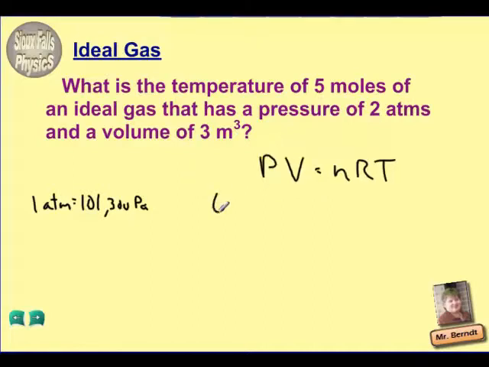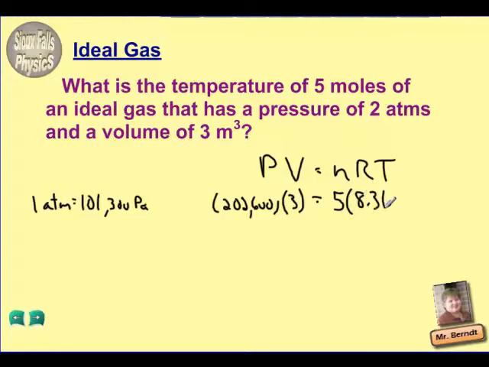Knowing that, we can just go ahead and start plugging in that problem. So we've got 202,600 pascals. We've got a volume of 3 meters cubed equals N, which is 5. Now we have to choose which R we're going to use. Because we're using this one, we're going to use the value of R being 8.31.